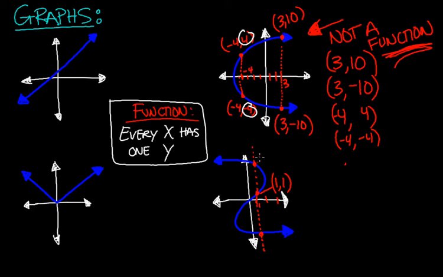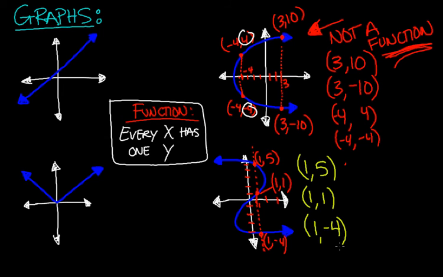This would be the point 1, comma, I don't know, we got 1, 2, 3, 4, 1, 5. And this one down here would be like the point 1, negative 4. I got the same x in each one of those things. They all start with a 1, but there's 3 different y's. I have one domain, but I get 3 different ranges. This thing is not a function.